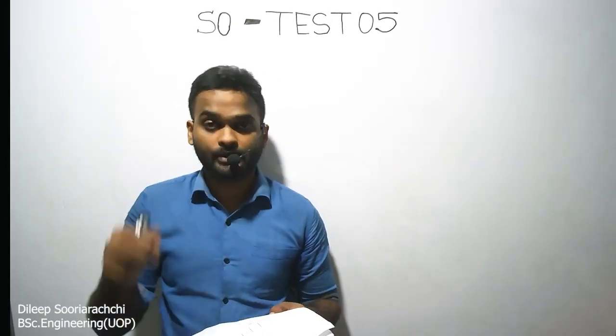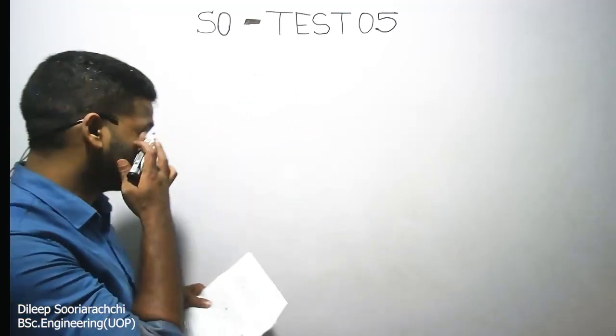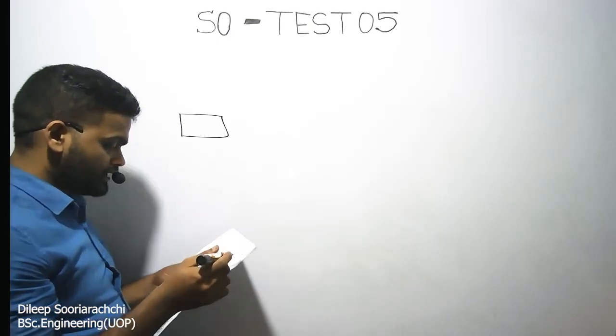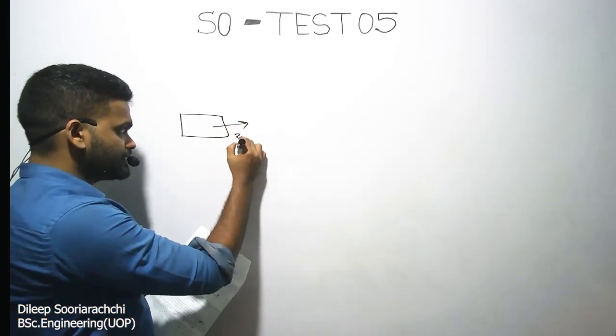Right, 11th question. A trolley moves in a straight line at 30 meters per second. So there's this trolley, right? And the speed of the trolley, they say, is 30 meters per second.